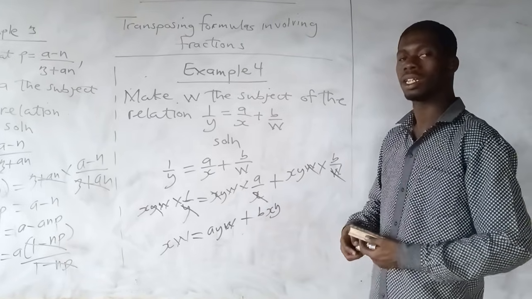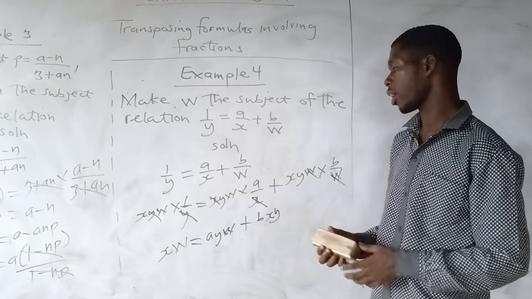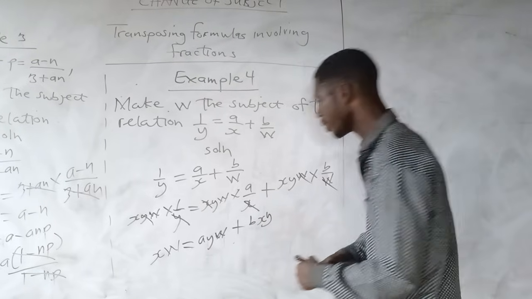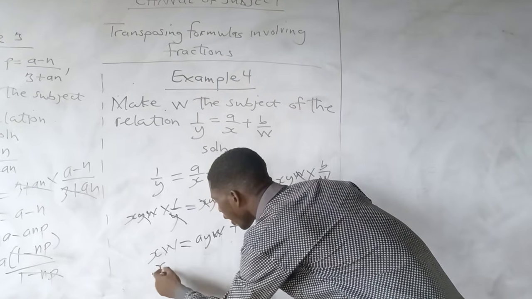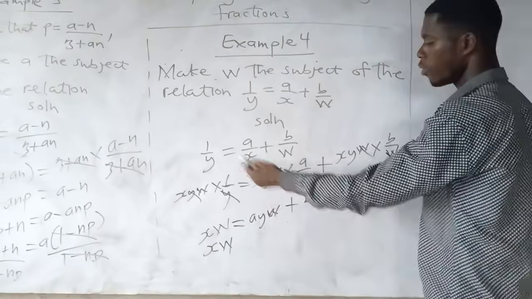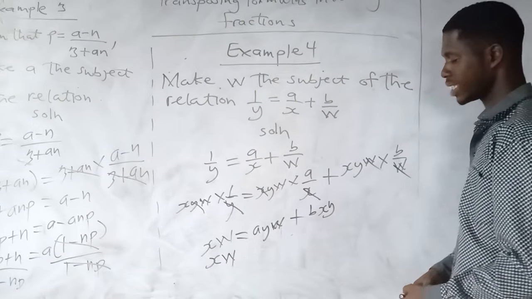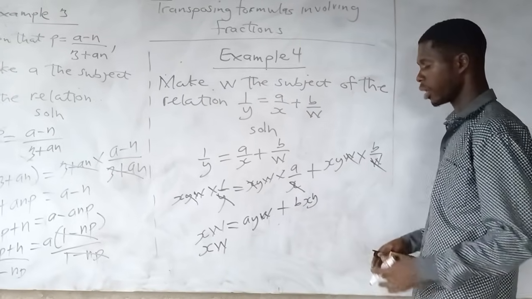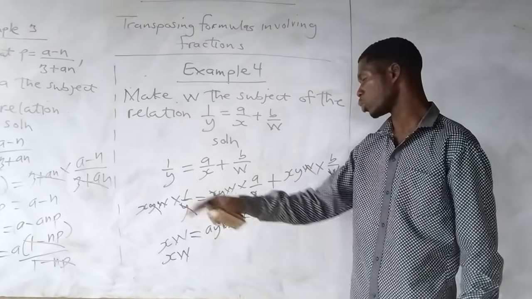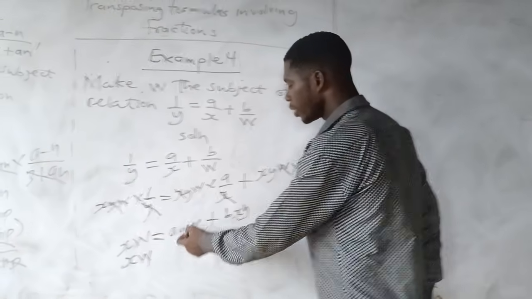So you are making W the subject. Group the like terms. You get X W. This one is positive, while it's moving it becomes negative. You want to group where the W is. Here you have W, and you have W here. So this one is supposed to move there.